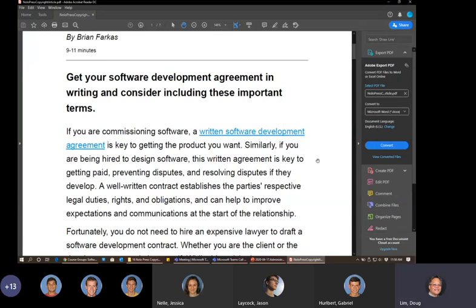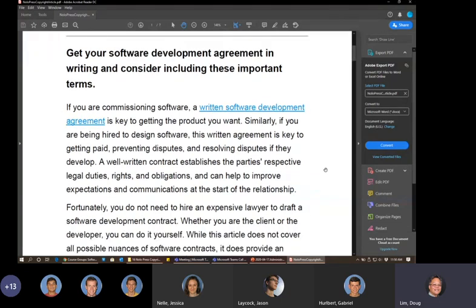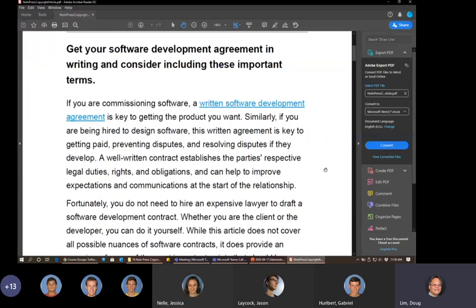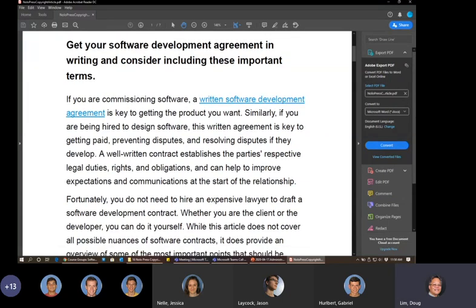Basically, when someone commissions software, or you're being commissioned to write some software, a software development agreement is warranted and necessary. You want to make it a well-written contract that has what the roles and responsibilities and obligations are.